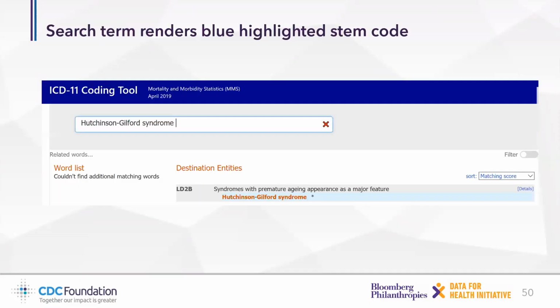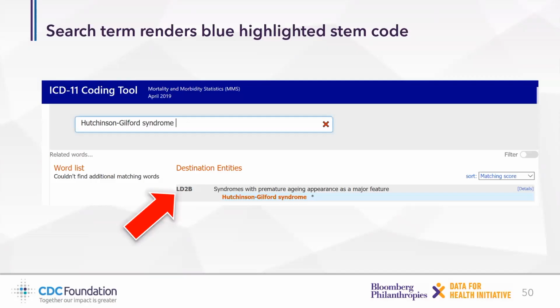This is an example, Hutchison-Gilford syndrome. In the coding tool, in the search window, we have entered Hutchison-Gilford syndrome, and we have the code LD2B, the code for Hutchison-Gilford syndrome, and this is a stem code representing a condition having high relevance.